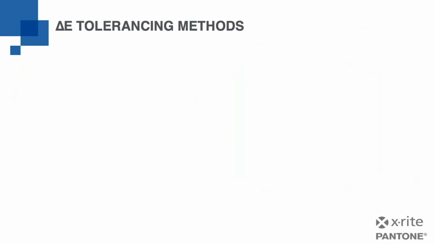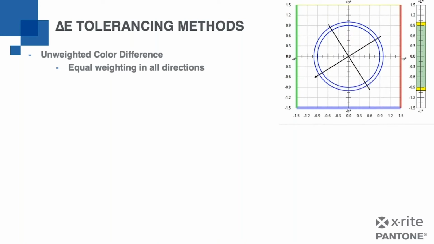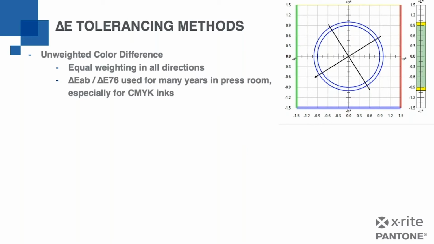There's a couple different kinds of tolerancing methods. There's the unweighted color difference. In this case, we are allowing for equal weighting in all directions. In any direction is equally important to us here. Now, this is the original delta E method that we've been using for years to find differences in color, sometimes referred to as delta E ab or delta E 76. For a very long time we've been using this in the press room, especially for CMYK inks and process measurements.